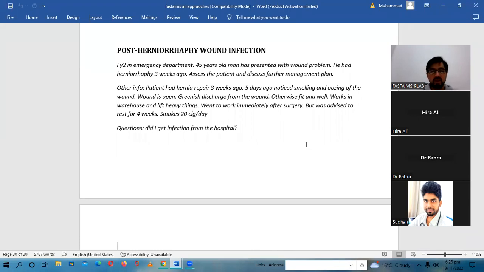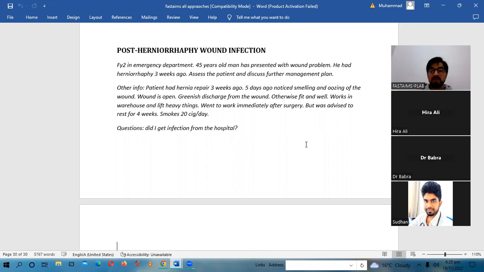Contamination leading to infection. Then examine the wound, do an abdominal examination, and tell the patient the diagnosis: unfortunately you have a wound infection. It is one of the common complications of operation. In your case, the reason for the wound infection is going back to work early, and also you mentioned that you have been smoking.